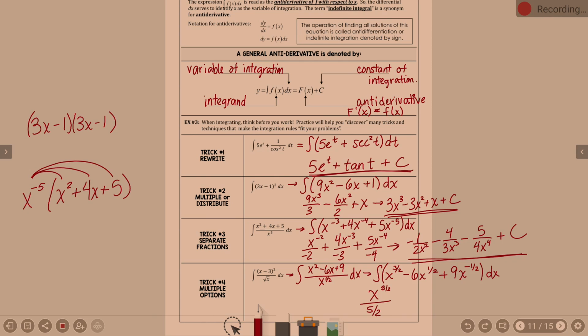Minus 6x to the, add 1 to the power, so 3/2, divided by 3/2, plus 9x to the 1/2 when you add 1, divided by 1/2.